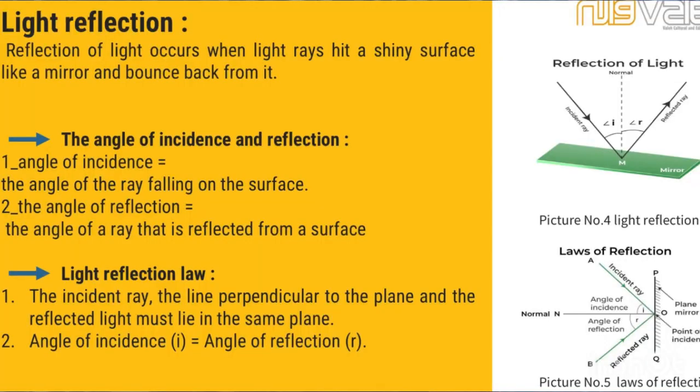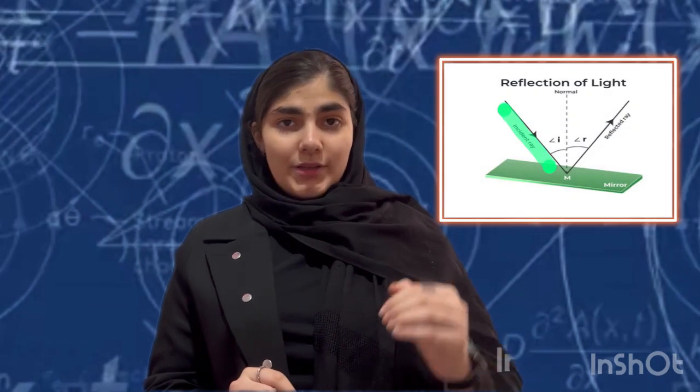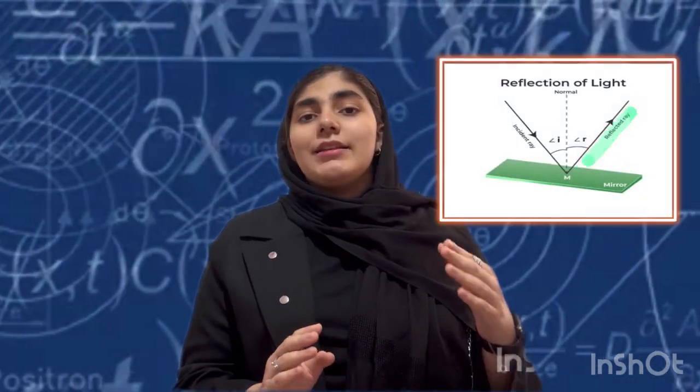About theories. At first, let's talk about light reflection. When light rays hit a shiny surface like a mirror and bounce back from it, we say we have light reflection. In light reflection, we have the angle of incidence and the angle of reflection. The angle of incidence is the angle of the ray that is falling onto our surface, and the angle of reflection is the angle of the ray that is reflected from our surface.